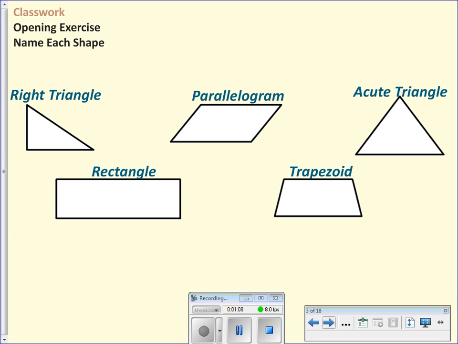But now, I have a question. I have a couple, actually. What could we call the parallelogram and the rectangle and the trapezoid that we can't include the two triangles in? Nice, quadrilaterals, because they have 4 sides. Quad means 4. But what can we call all of those shapes that have 3 or more sides?